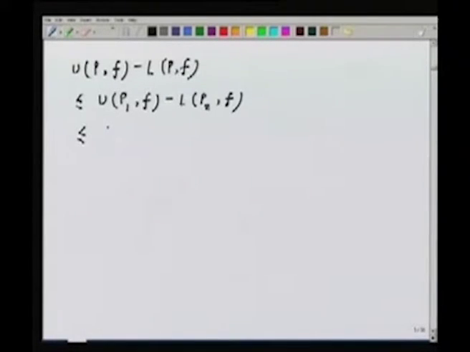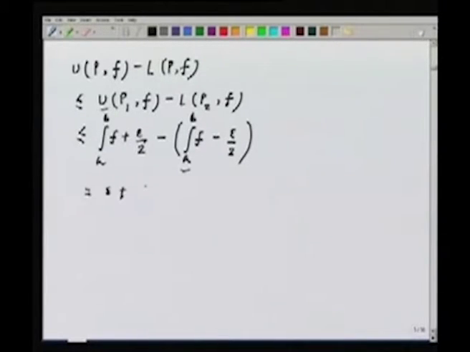This is less than or equals to the integral from a to b bar of f plus epsilon by 2, minus the integral from a bar to b of f minus epsilon by 2, from the previous relations, which then is equals to epsilon plus integral a to b bar f minus integral a bar to b f.